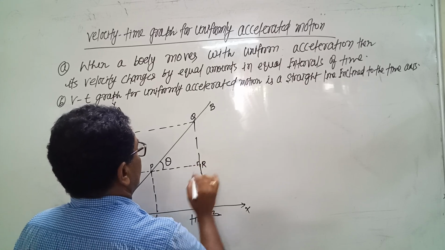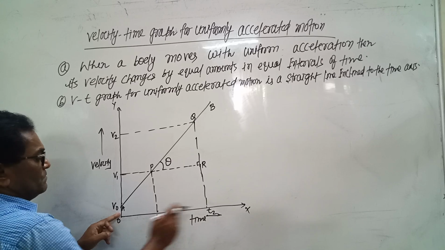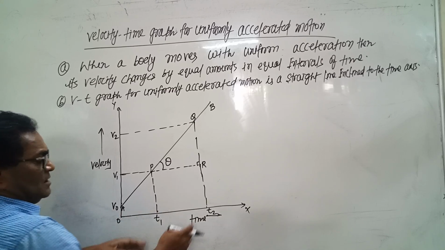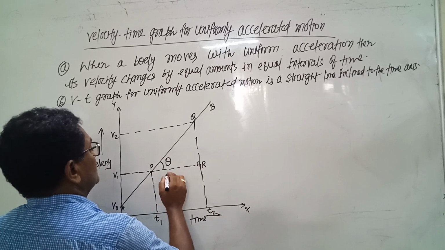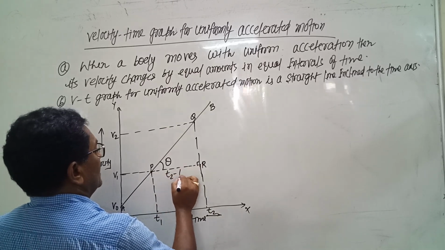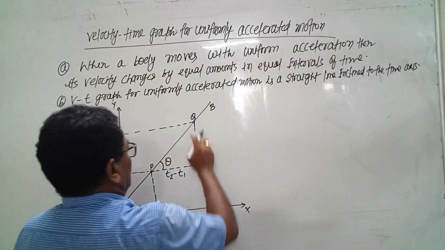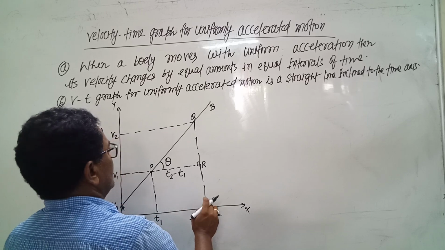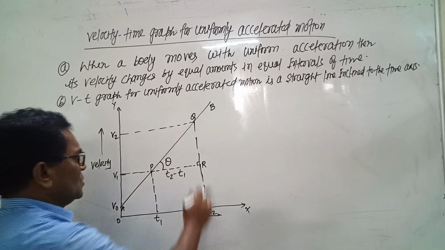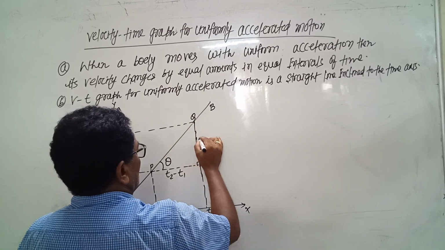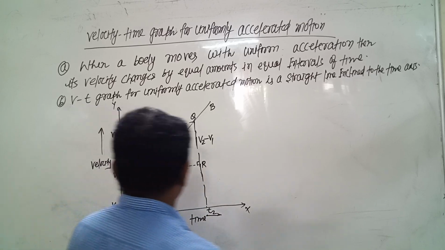This is 90 degrees. The time interval PR is given by T2 minus T1, and QR represents V2 minus V1.